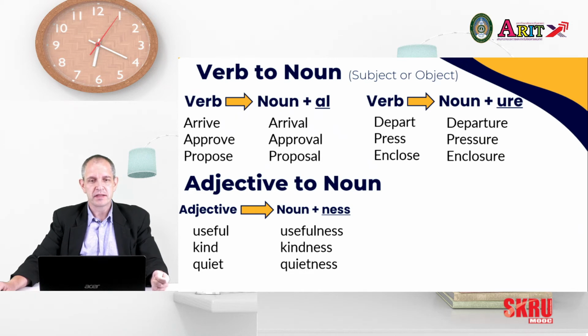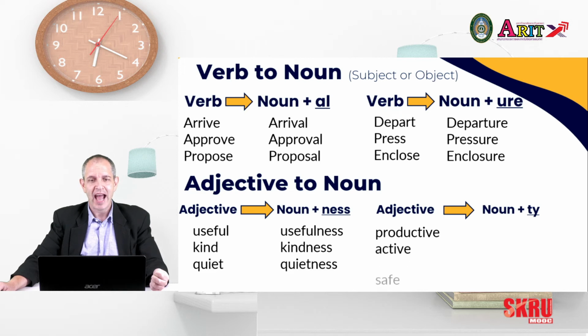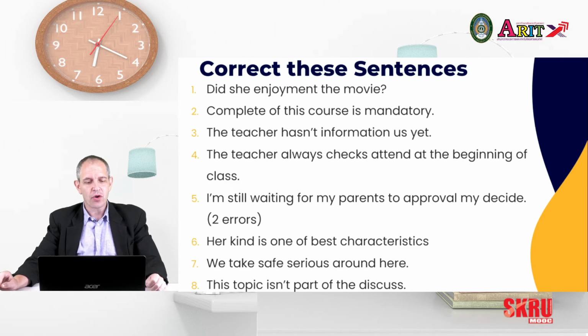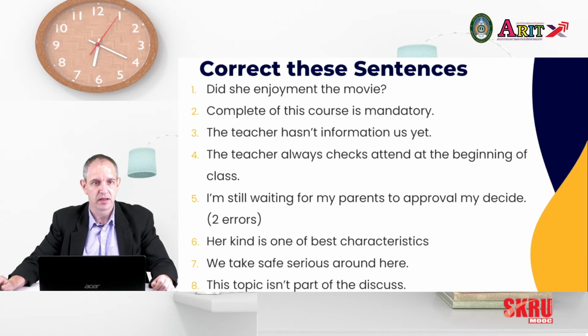We also use ty. So adjectives like productive, active, and safe become nouns with ty: productivity, activity, and safety. So using these, can you correct the sentences?